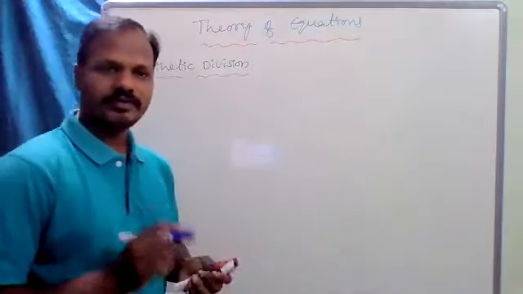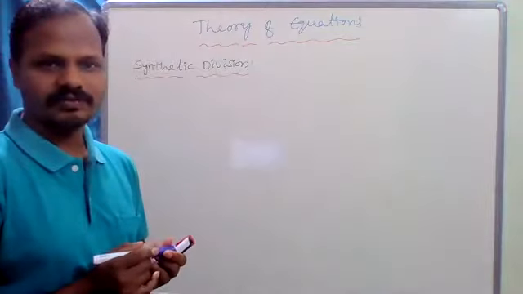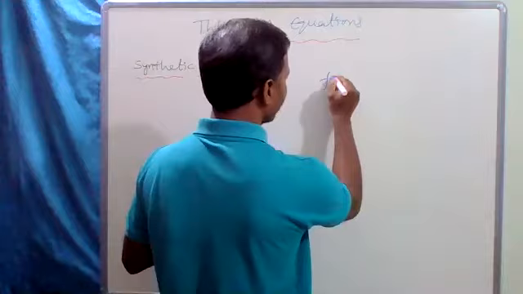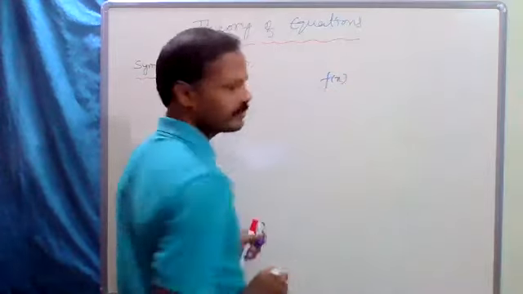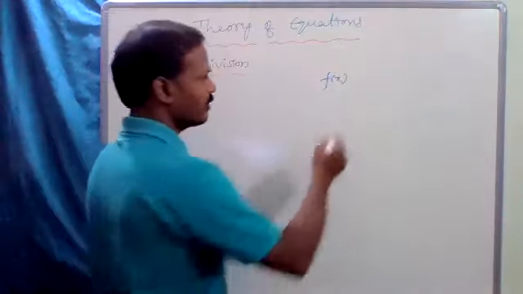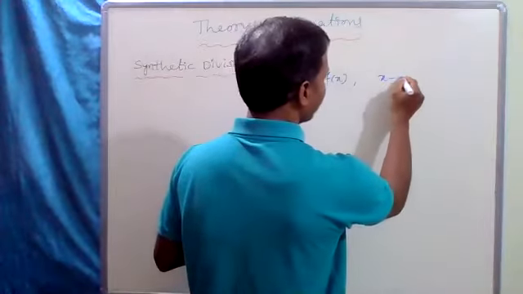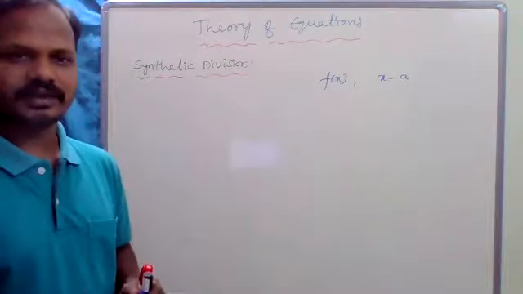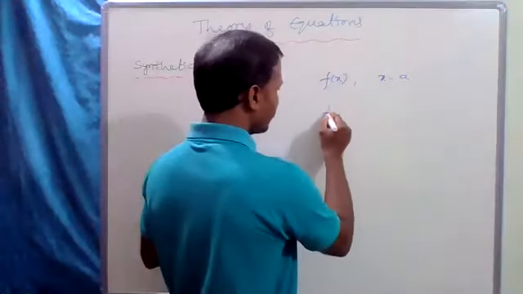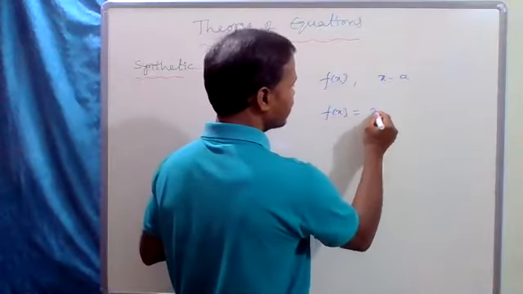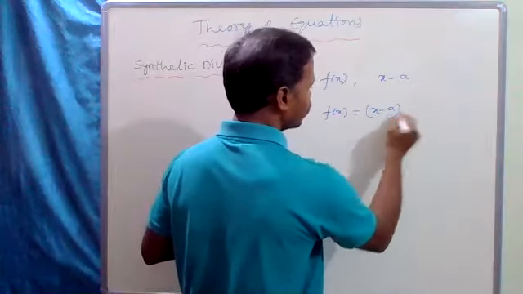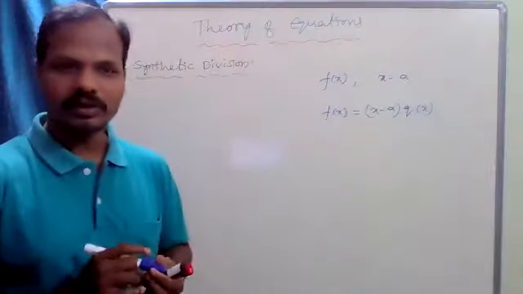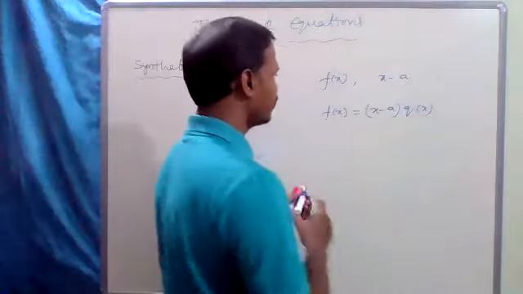Suppose a polynomial f of x is given, and for this polynomial x minus a is a factor. Then f can be written as x minus a into q of x, where q of x is some polynomial.